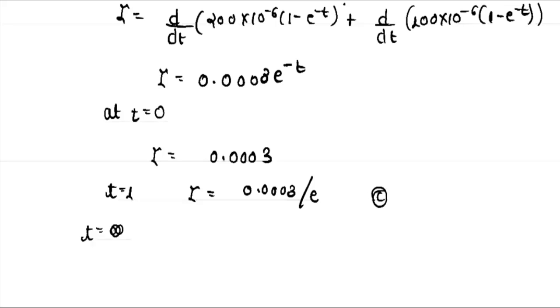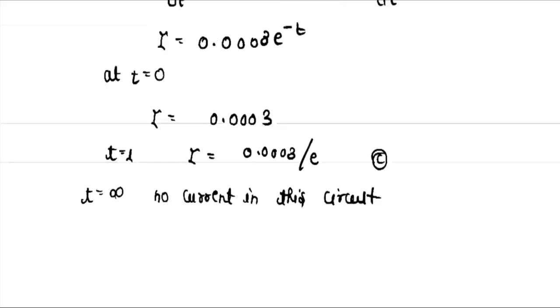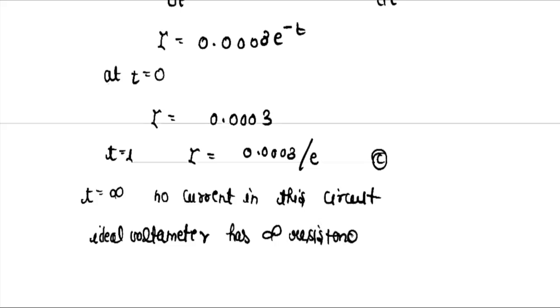So an ideal voltmeter has infinite resistance, so it will read positive 5 volt.